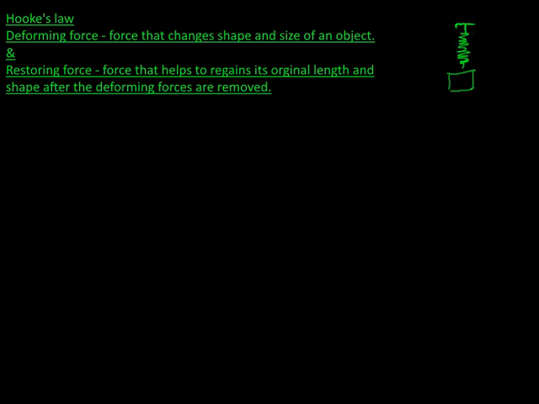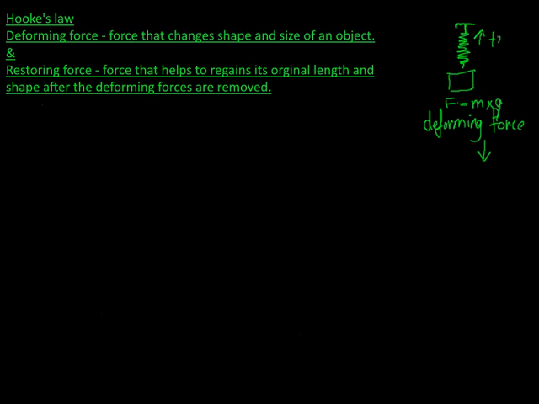So let's start with a spring with a mass attached to it. The force or weight acting downwards will be equal to mass times gravity. So I can say that this is a deforming force, which is acting downwards, and if the spring is in equilibrium, there is an equal and opposite force acting upwards.